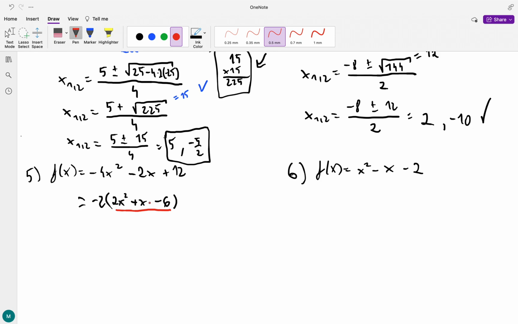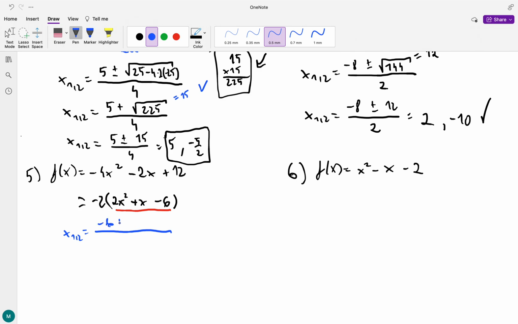And I can't come up with such. So let's use the quadratic formula once again. x1,2. And if you see something that you can factor, go for it. As of right now, I'm not able to see it.